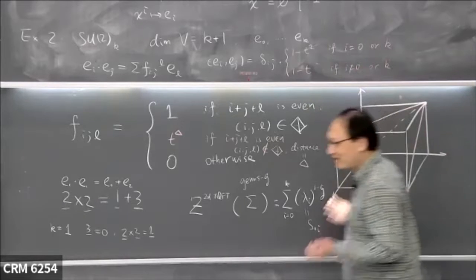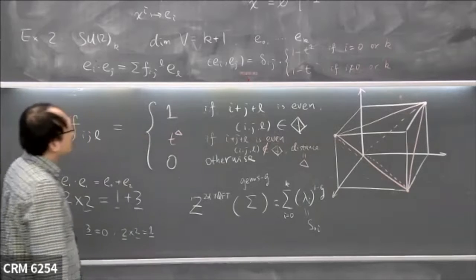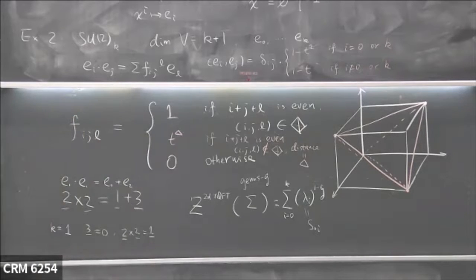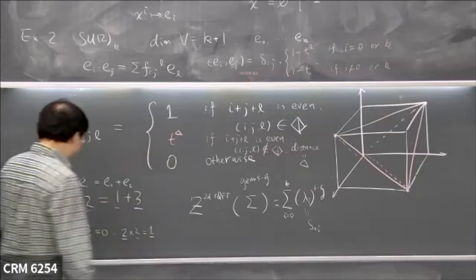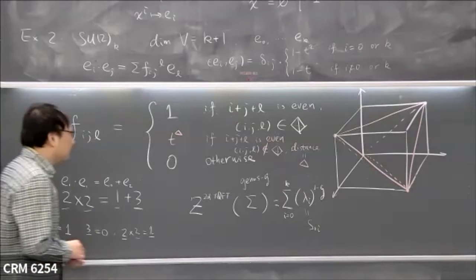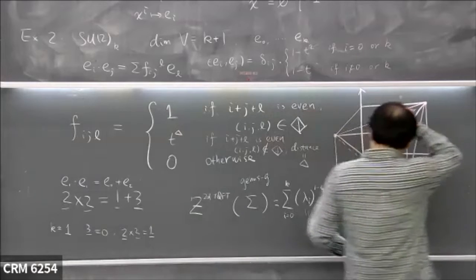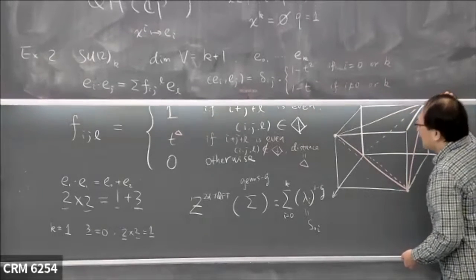Then you can verify that this is still a commutative Frobenius algebra. And this kind of construction exists not only for SU2, but it's true in general. So here, this expression is supposed to be for general, let's say, simply connected G. For the algebra, it's now deformed. Before we had 2 times 2 equals 1 plus 3. Now we'll have something that is t dependent.